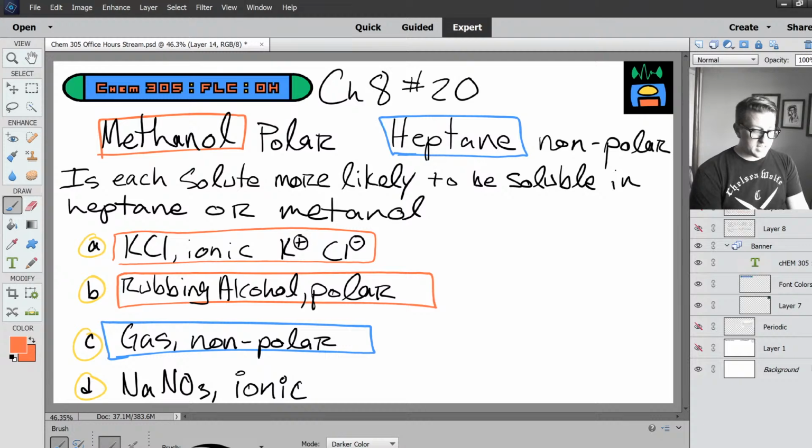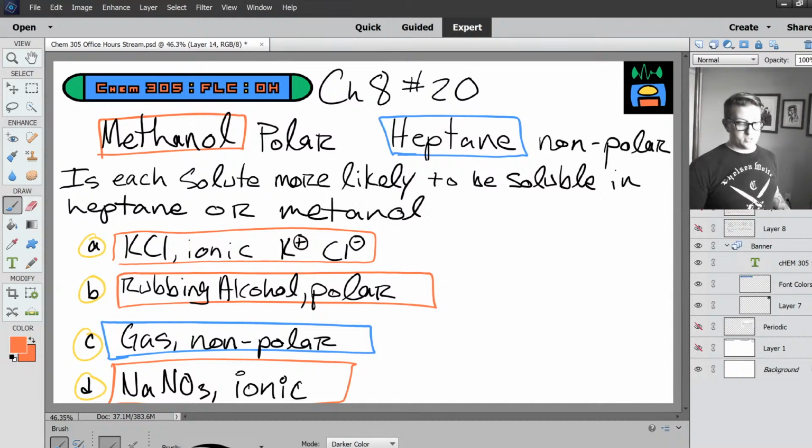So your ionic things will always be more likely to dissolve in a polar solvent than a non-polar solvent. Basically, the only other thing that will prefer a non-polar solvent is other non-polar stuff. Everything else, the polar solvent will dominate. All right, so that's number 20.